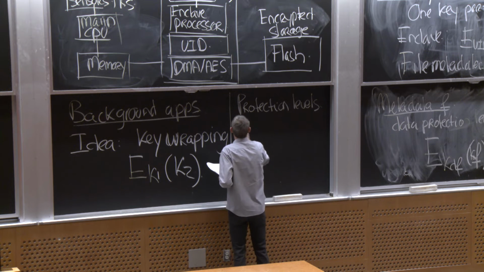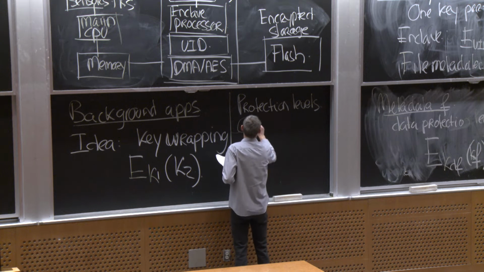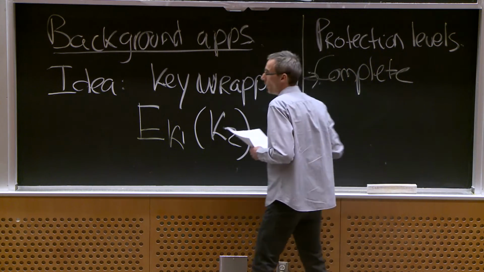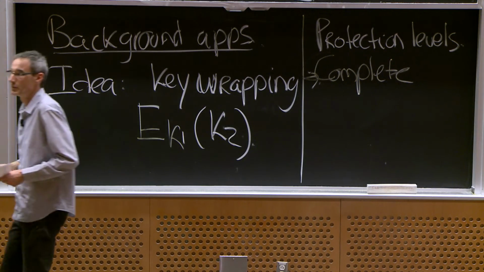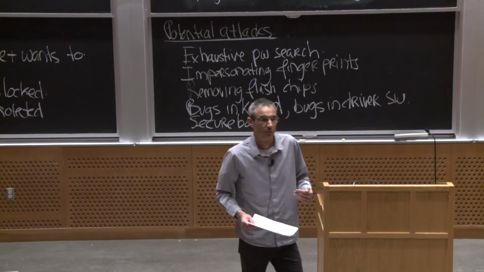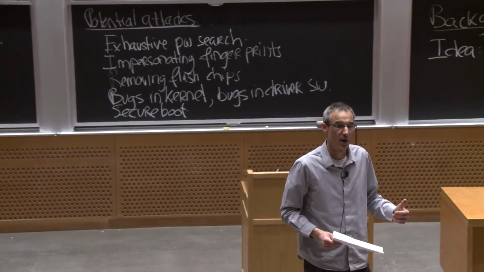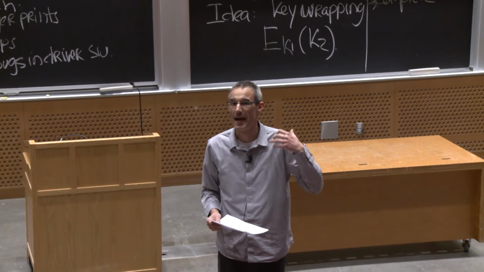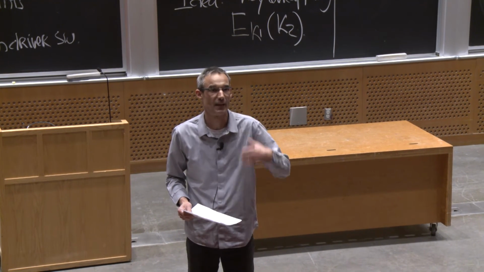One is what is called complete. So that's number 1. And complete means that the KDF is derived from the user PIN code. And so that means when the phone is locked, the enclave processor doesn't even have that KDF because it doesn't have the PIN code, right?